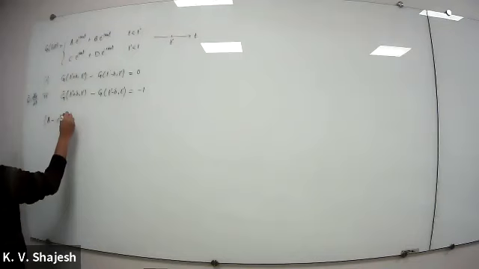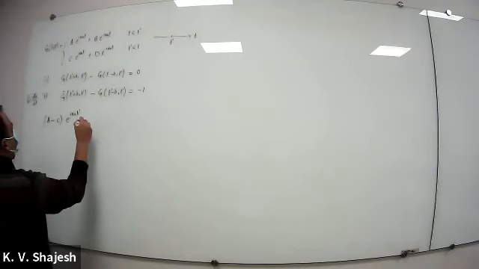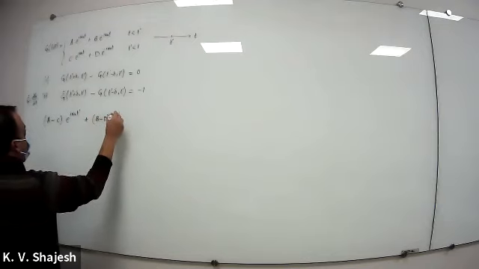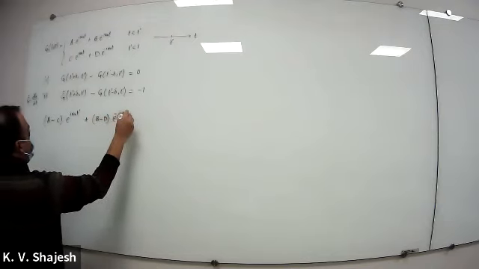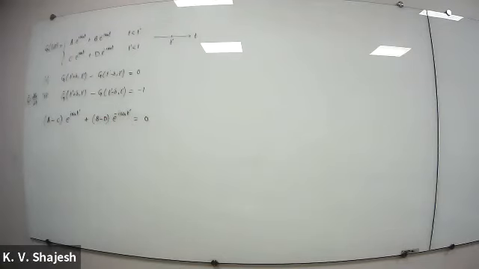So this is e raised to I omega naught t prime plus B minus D times e raised to minus I omega naught t prime is equal to 0. That's my first equation.